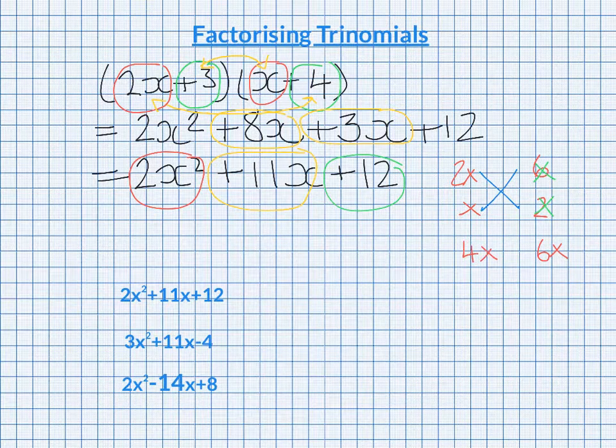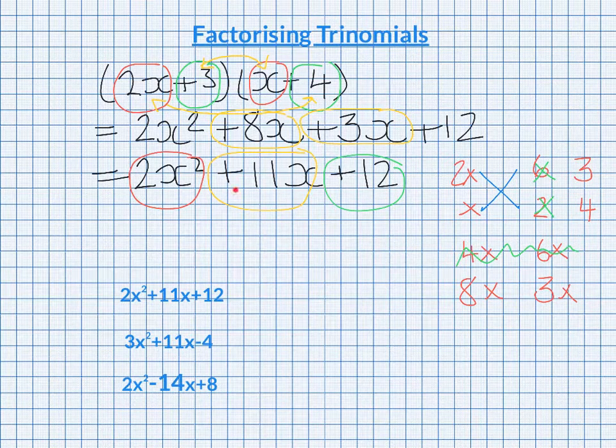I'm going to try 3 and 4. But again I'm doing a cross multiplication, so I've got 2x times 4 and I've got 3 times x. So the 2x times the 4 gives me 8x, and the x times the 3 gives me 3x.